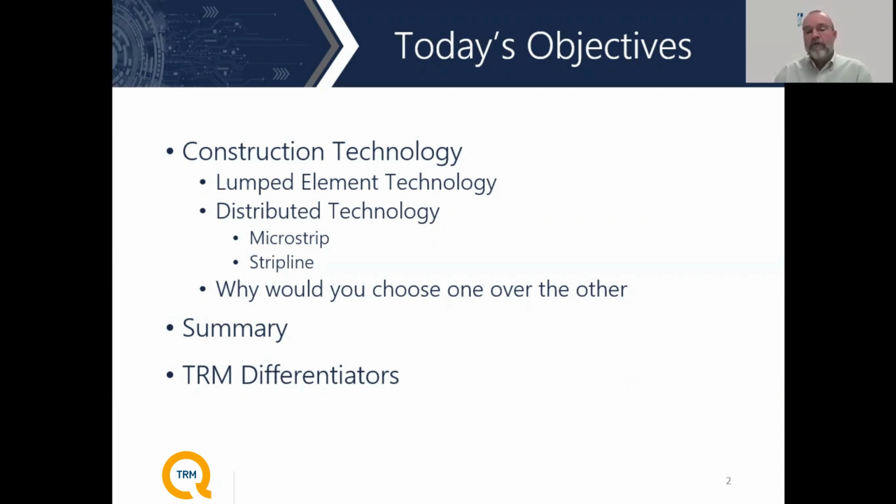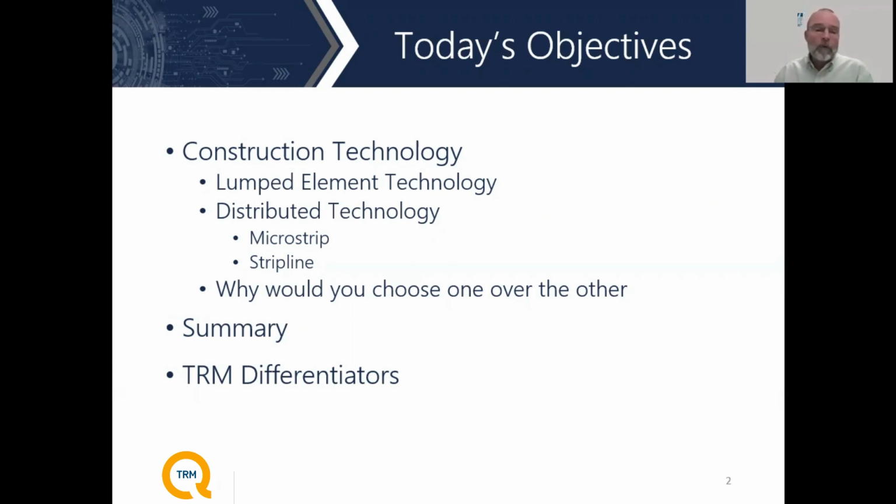So in order to make those decisions, you need to understand what the trade-offs are between the various technologies. There are 2 main categories of construction technologies that we use here at TRM. We use lumped element technology, which is individual component, transformer, inductor, capacitor networks, as well as distributed technology, which can be broken down into 2 main classes, stripline and microstrip.